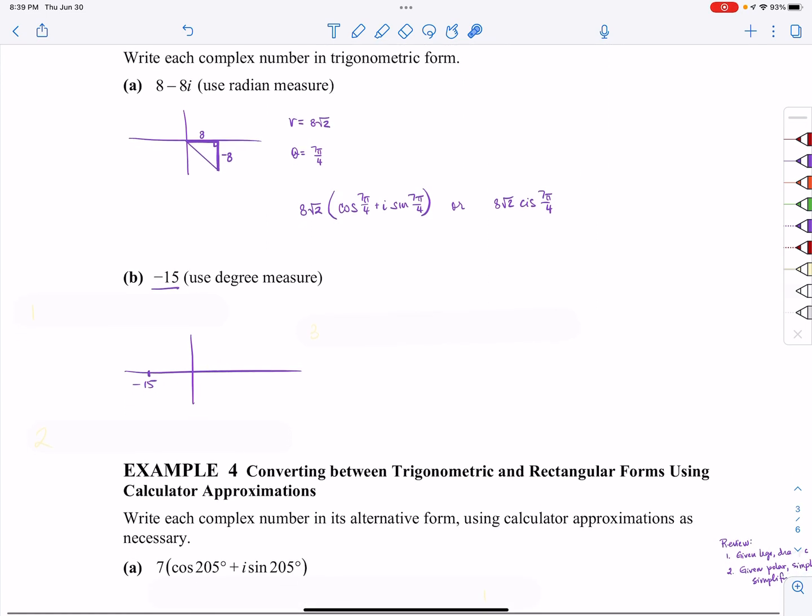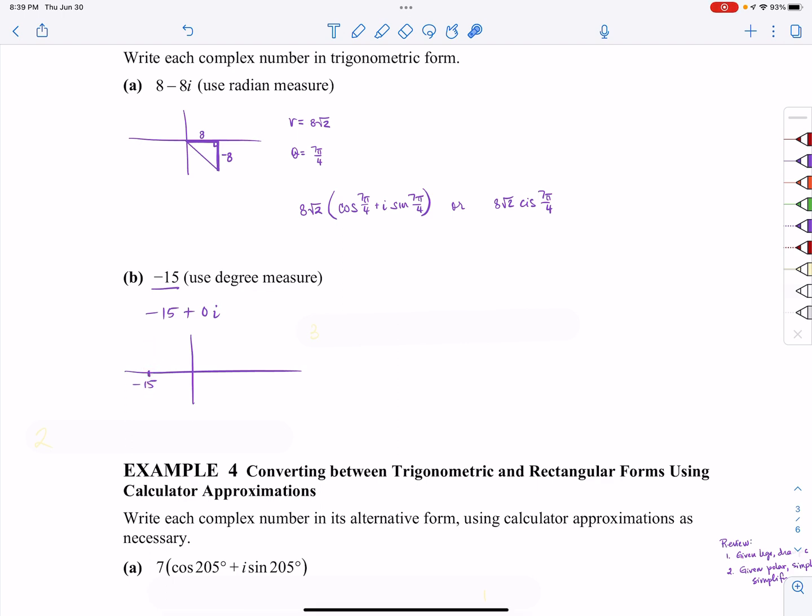All right, for part B, same set of directions. The difference is that we are using degrees here. So notice that I have this negative 15, but it doesn't really look like a plus bi. So the first thing I'm going to do is write it as a plus bi so I don't get myself confused. And then I'll go ahead and draw it. So this is negative 15, and there is no imaginary part, so there is no up and down value.